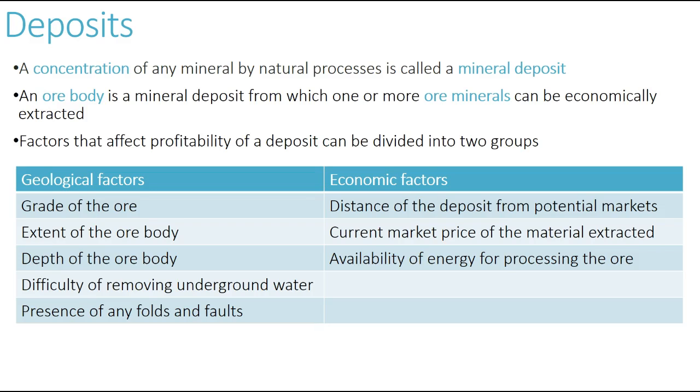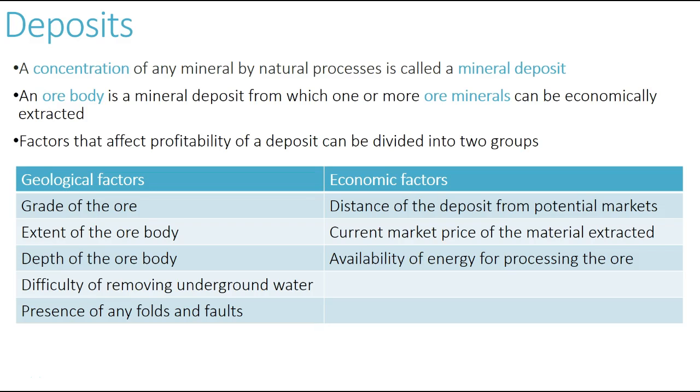Now, it was not economic for variable reasons, but one of those reasons is that it was 2.5 hours from Alice Springs. So it was a huge distance. The idea of then going in and mining that and transporting it out would have been huge, which meant that it would not have been very profitable. It also had a very low grade ore as well, which meant that it wasn't very profitable either.